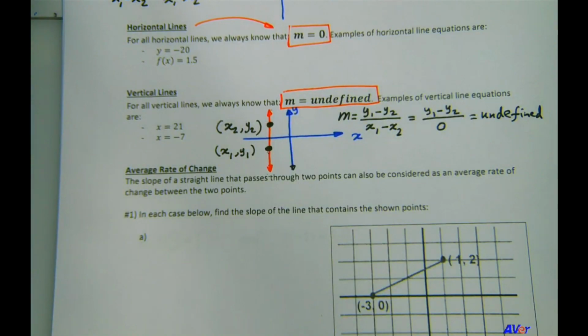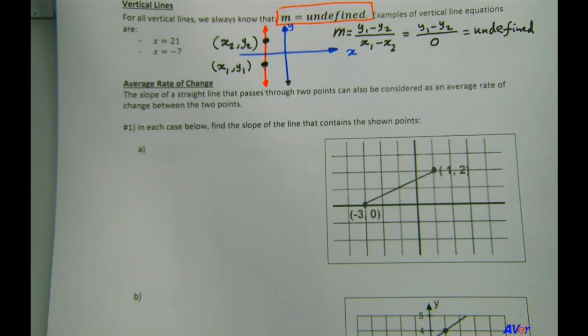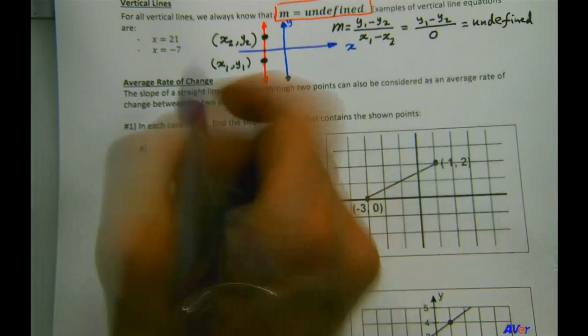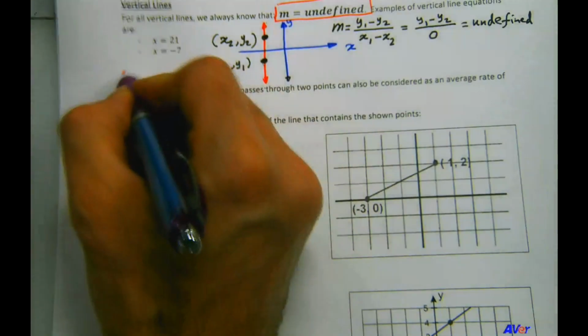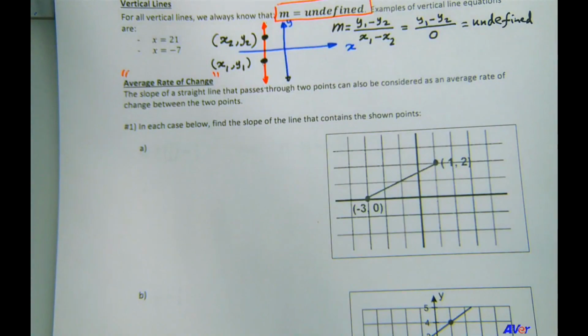Okay? Your book talks about a terminology that really belongs to the calculus class. But since they mention it, I thought we should talk about it, otherwise you might think it's something you don't know. In fact, they use the average rate of change. Average rate of change, or rate of change for that matter, is a phrase you most commonly see in a calculus class.